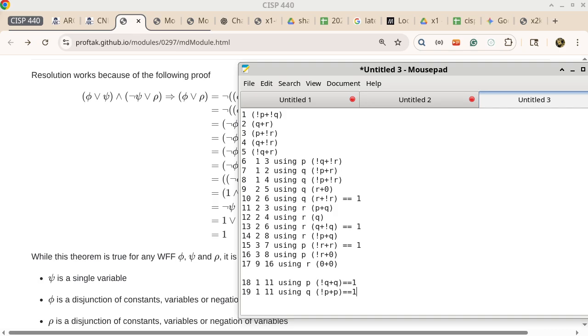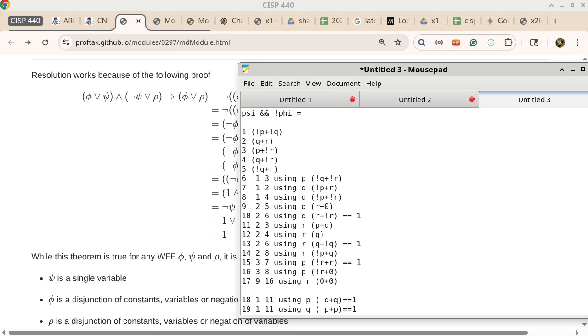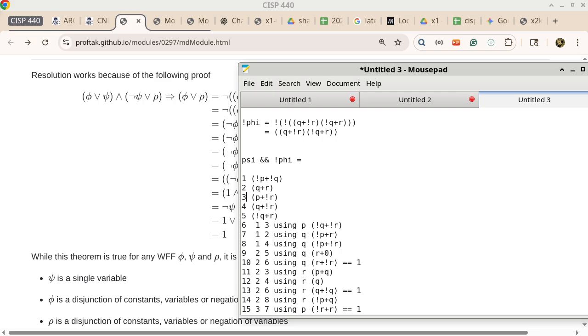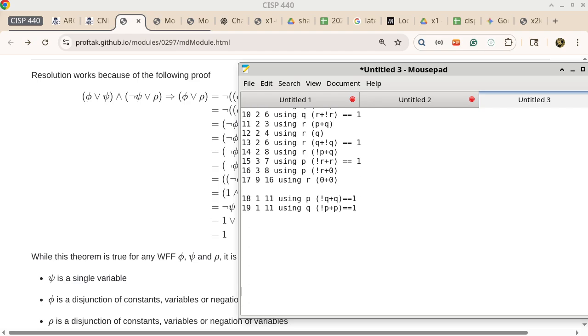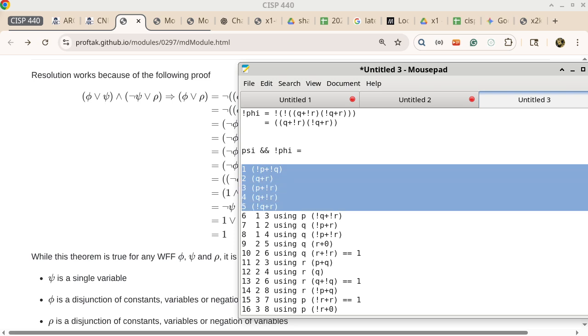This entire thing is a huge, gigantic CNF. So what we are saying is, let me just give you the original form. We'll start with the first five terms. Let me do it this way. I'll just copy and paste it.